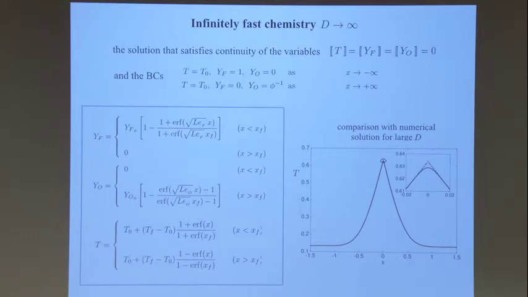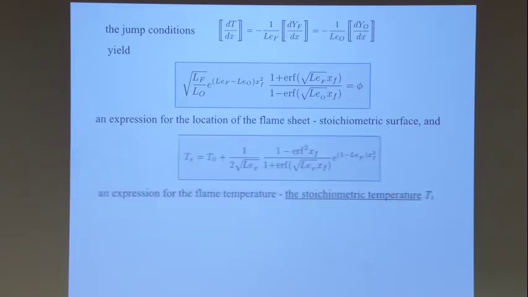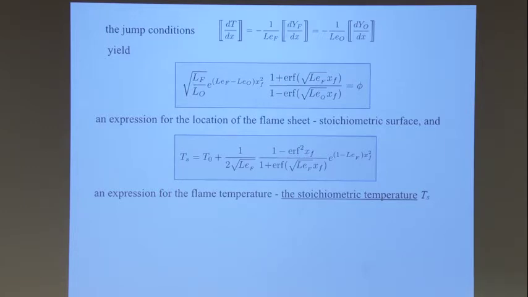Okay, so now we can also write an expression for the location of the flame sheet or the stoichiometric surface. Unfortunately, it's an expression which is implicit. It's too involved. You cannot write xf equal to, but you can still plot it, and we are going to see in a minute the graph.